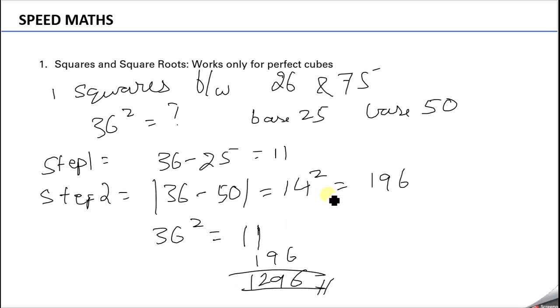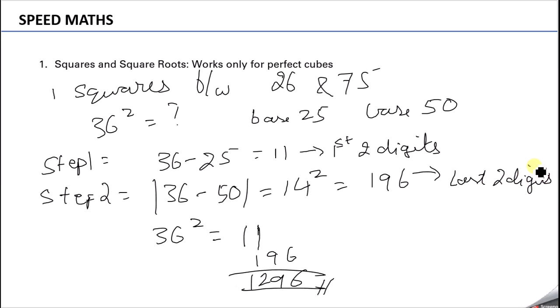Add the two numbers in this manner. Basically, this square should give you the last two digits and the other should give you the first two digits. This is simple for numbers between 26 and 75.